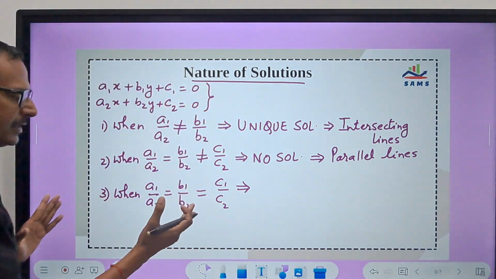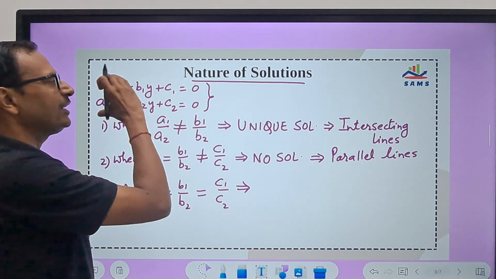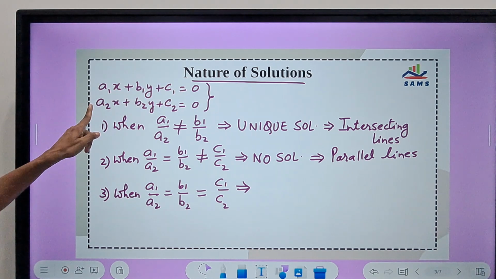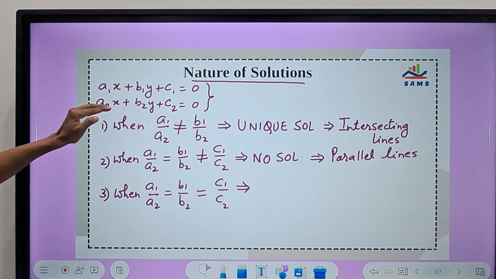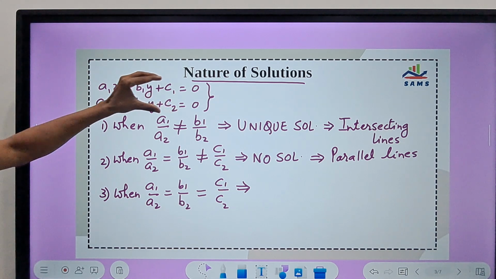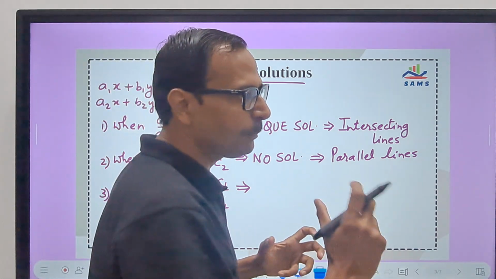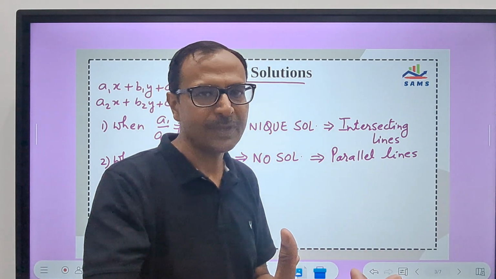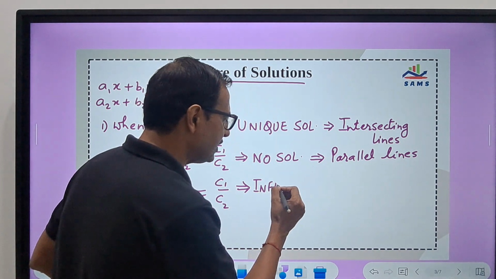In the third case, when all the three ratios become equal, then we can practically say that these two equations are exactly the same, because they will have a common factor, and if you remove the common factor from one of the equations, it will lead you to the first equation. So practically the two lines are exactly the same, and therefore all the points or solutions lying on one line will also lie on the other line, and therefore it is called infinitely many solutions.